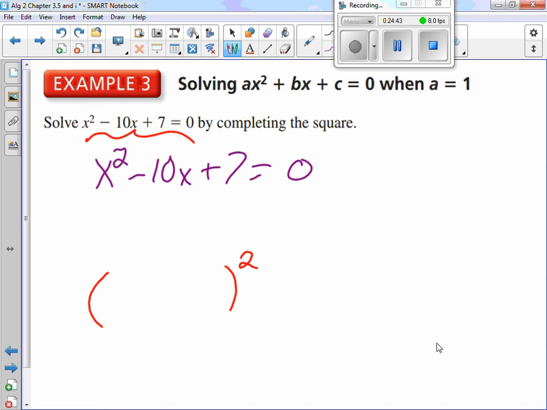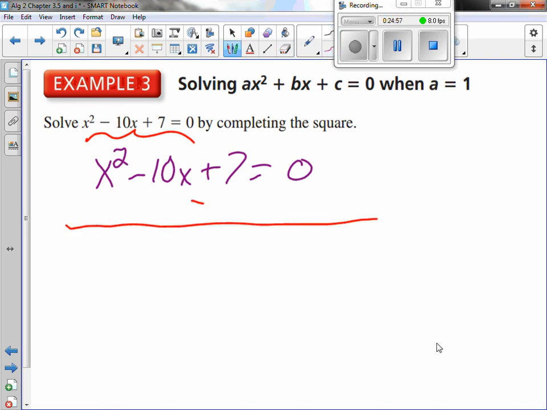It doesn't work for this here. This is not the perfect square trinomial, because 7 isn't the number. So what we're going to do is move it to the other side. I can do that by subtracting 7. Because these here will cancel, leaving me x squared minus 10x.